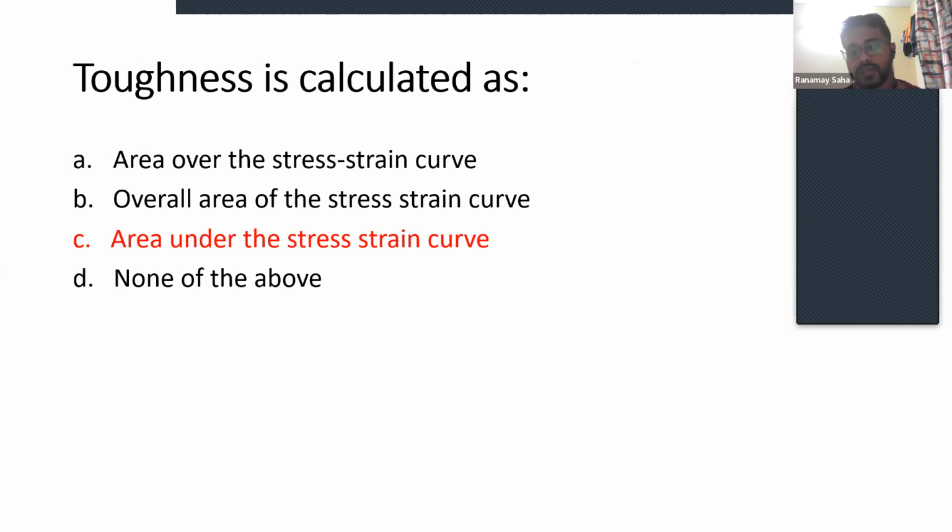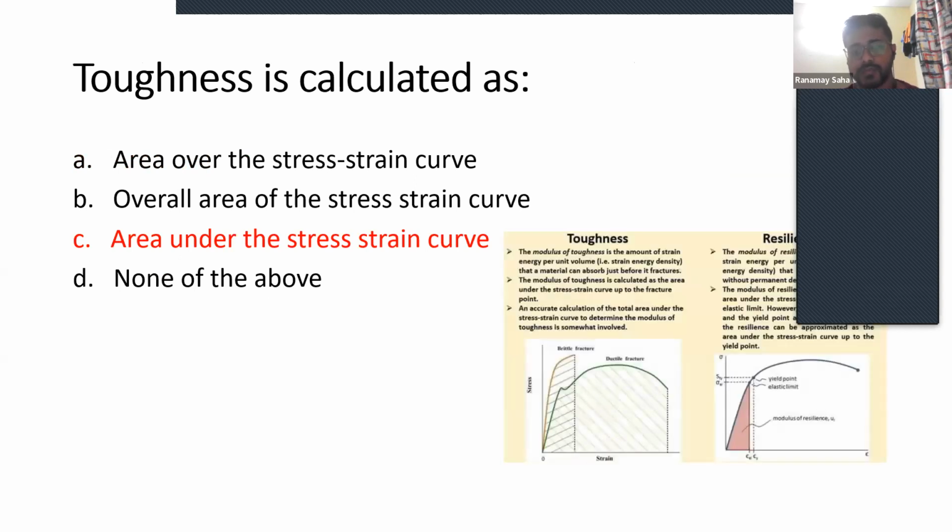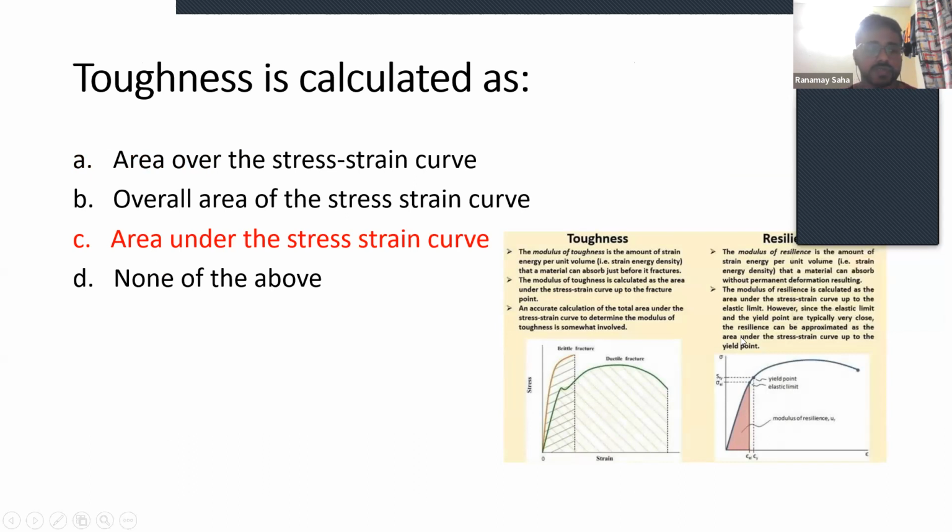It says how toughness is calculated. We have discussed in an earlier session the difference between toughness and resilience. Resilience is something you calculate up to the elastic limit of a material: the area under the stress strain curve up to the elastic limit gives you the resilience.